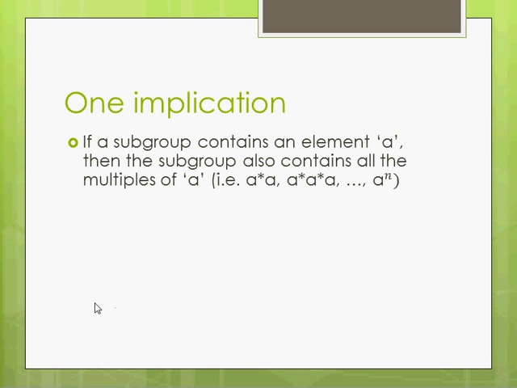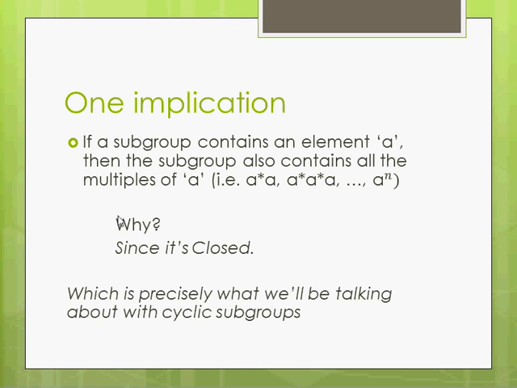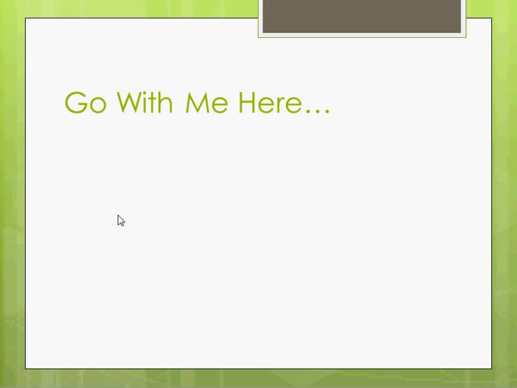So it contains all the multiples of a. This is exactly what we're going to be talking about today with cyclic subgroups: the group generated by a, a star a, a star a star a, and so forth. You'll understand that more in just a minute, I hope. So go with me here.